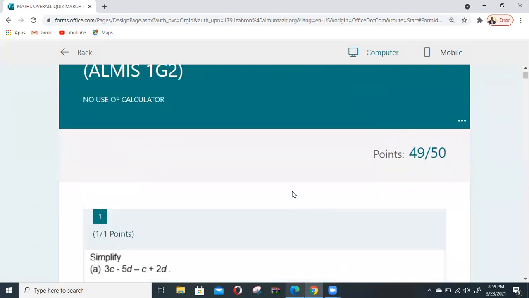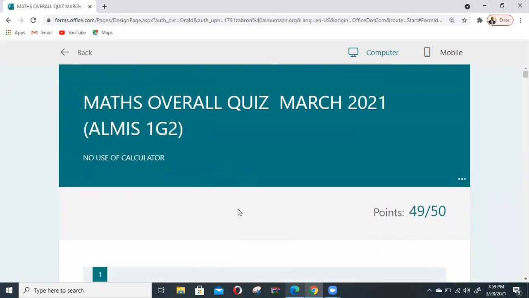Do you remember the question which I said has no answer to choose from? That is a bonus question. As a teacher, when I realize that there is a question which has no answer and students could not choose, I'm going to go back to the class, and every student should get 1 bonus point. My name was submitted as Zabron, because I was pretending to be a student to show you how to answer the quiz.